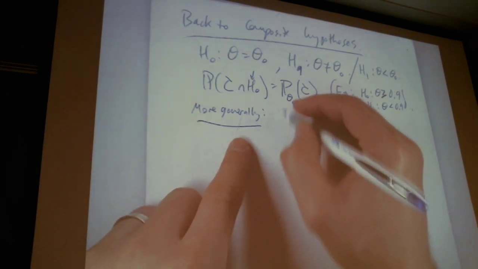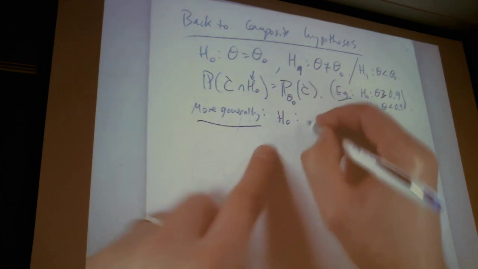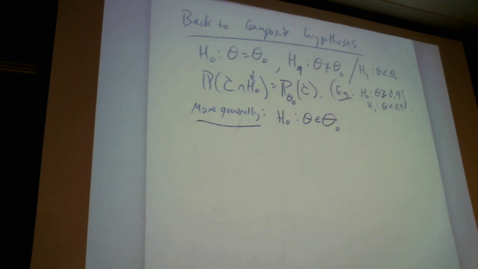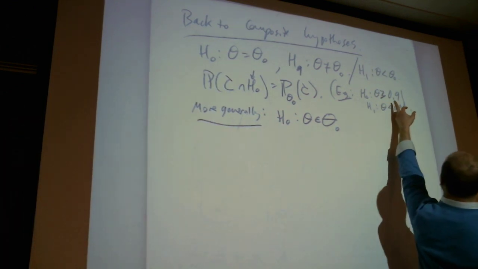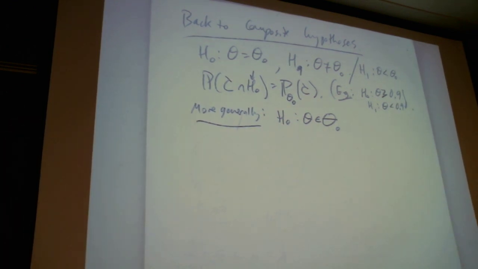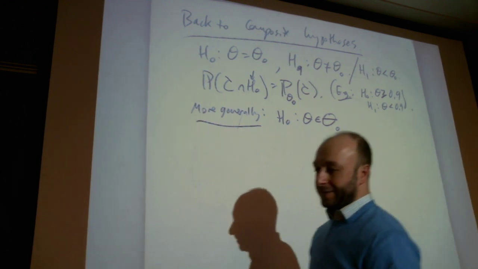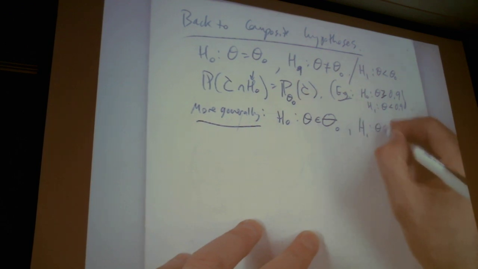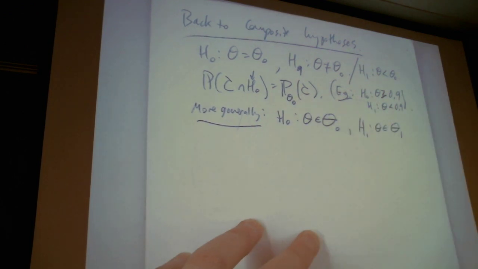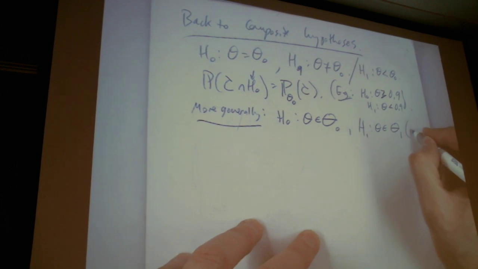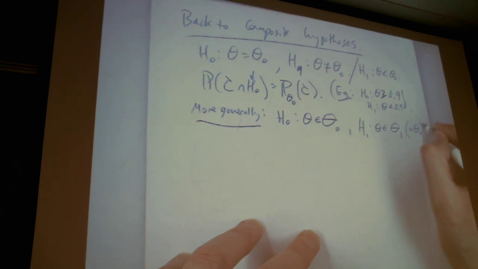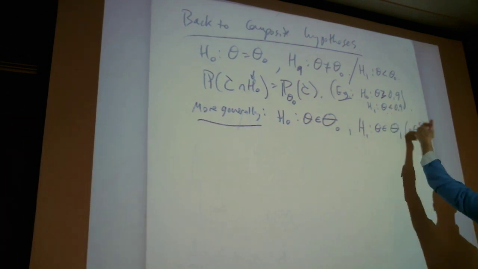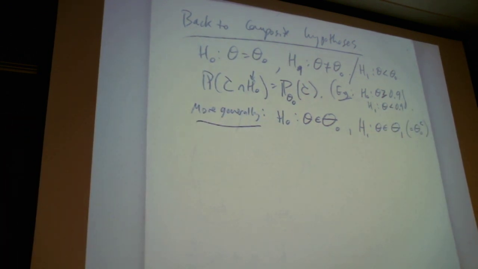So more generally, a composite null hypothesis will look like theta is in some range, capital theta 0. So maybe 0.9 to 1 is capital theta 0. And then an alternative hypothesis will be that theta ranges in capital theta 1, which often might be capital theta 0 complement, the complement taken within whatever space is natural for the parameters.